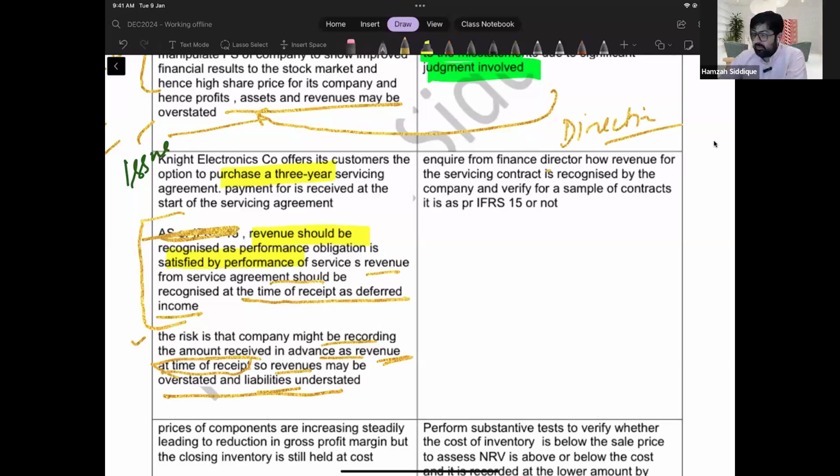Inquire from the finance director how revenue for the services is recognized by the company. This is the procedure, inquiry. But next, verify for a sample of contracts whether revenue is recorded as per IFRS 15 or not. This is the direction.